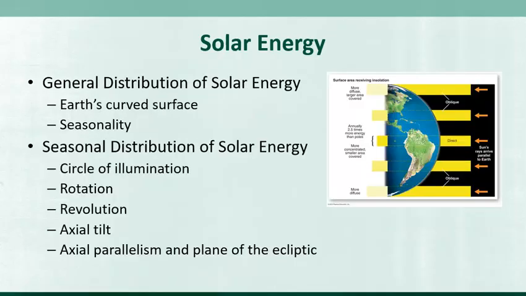But before we do that, we need to talk a little bit about how the energy that gets to the Earth is distributed in different ways. On a very basic level, the energy that strikes the Earth near the equator is much higher quality than the energy that strikes near the polar areas.